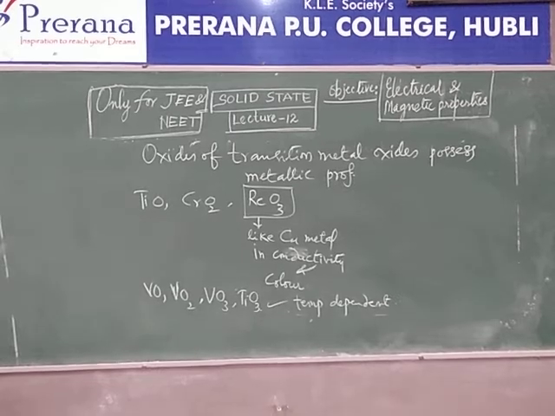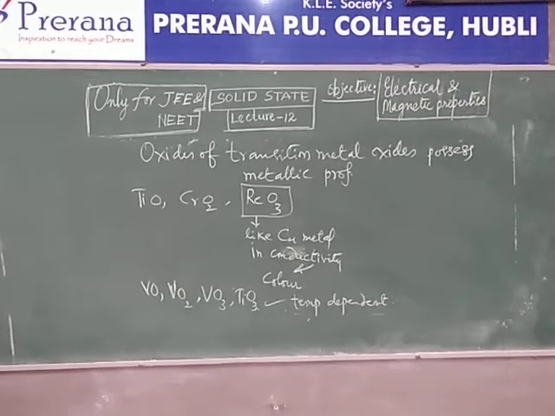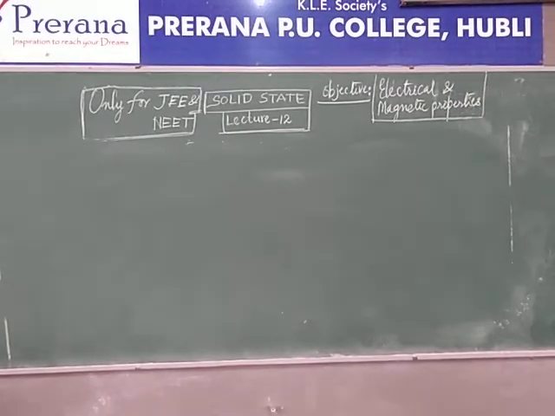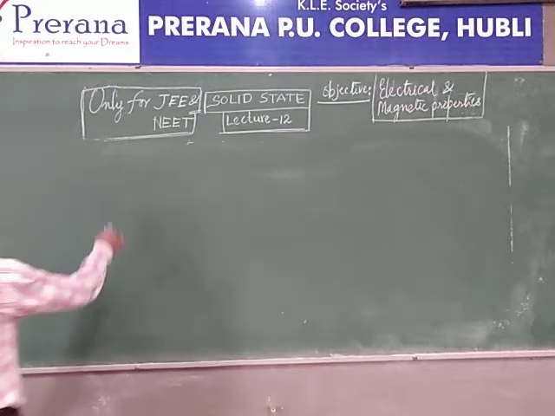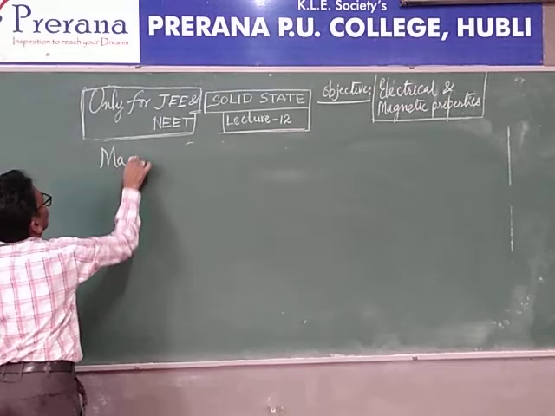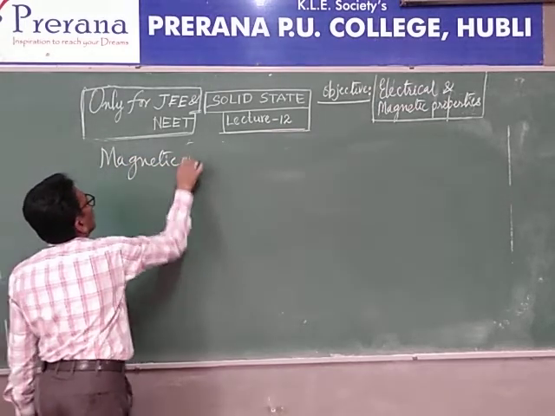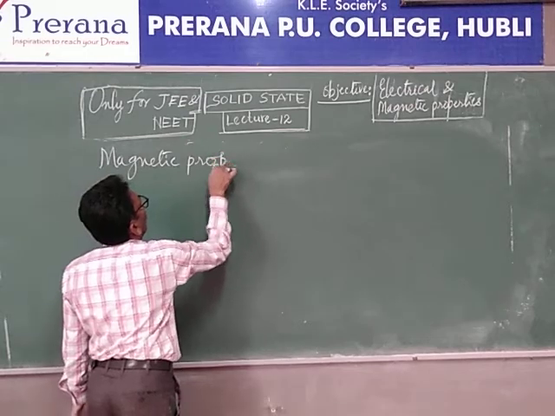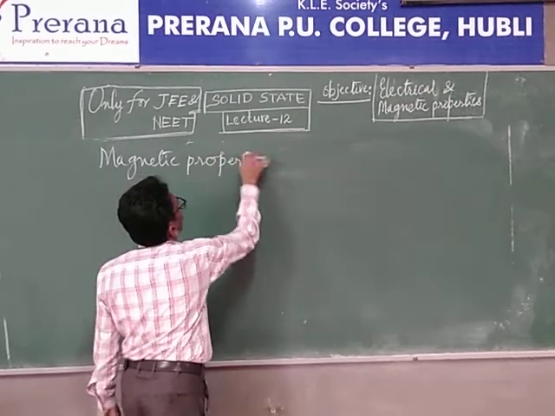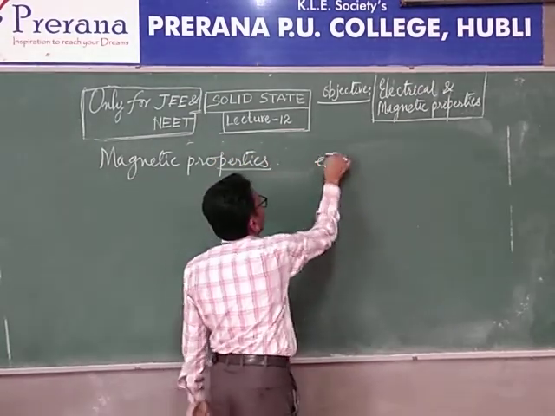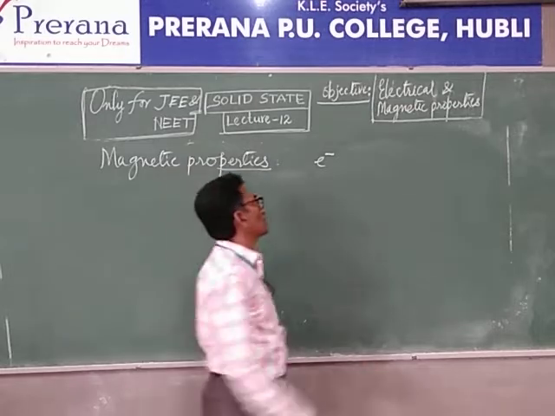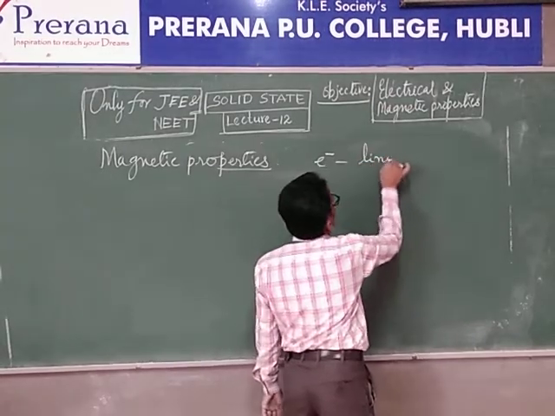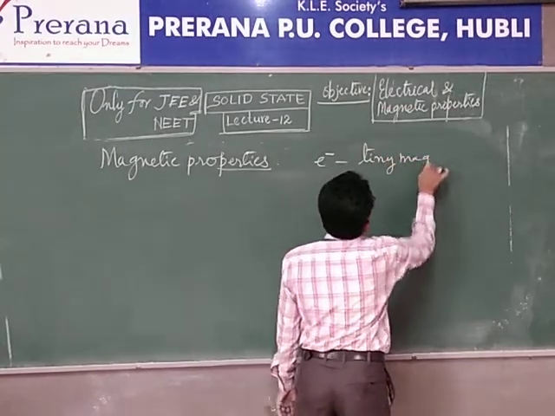Now we shall move to magnetic properties. Now look into magnetic properties. The magnetic properties are due to the electron. The electron behaves as a tiny magnet. Why?